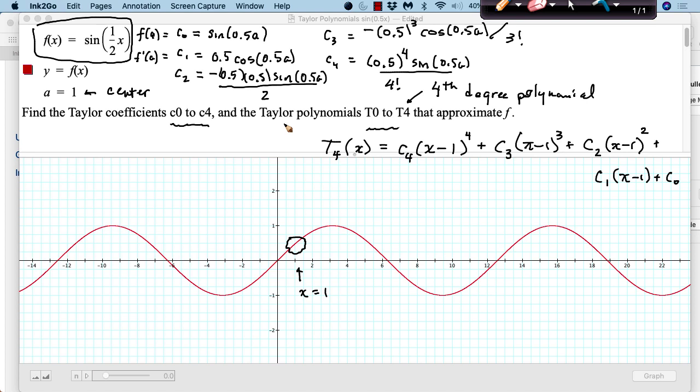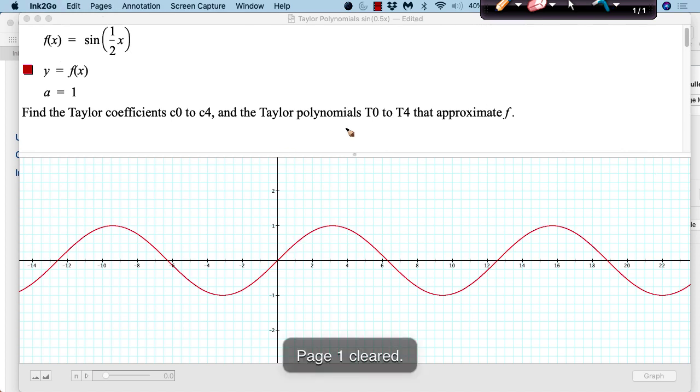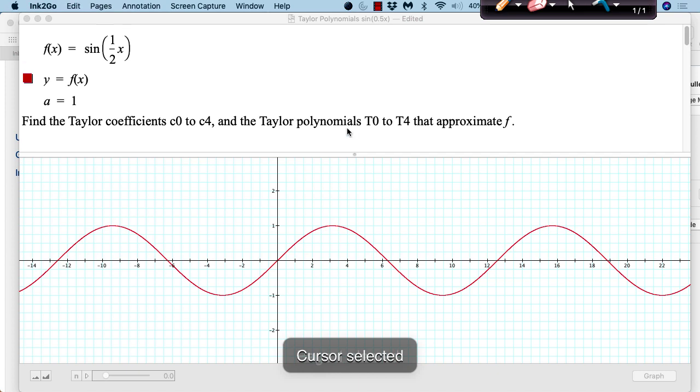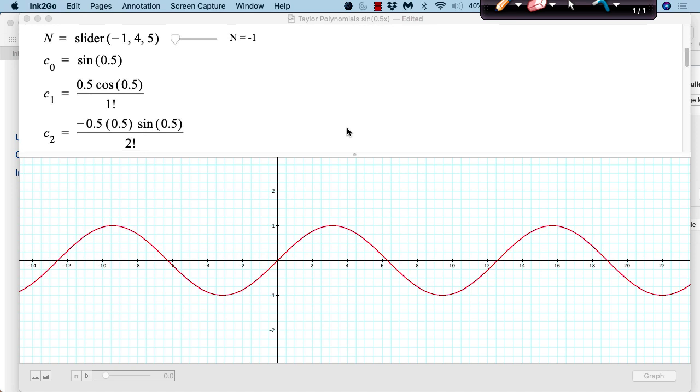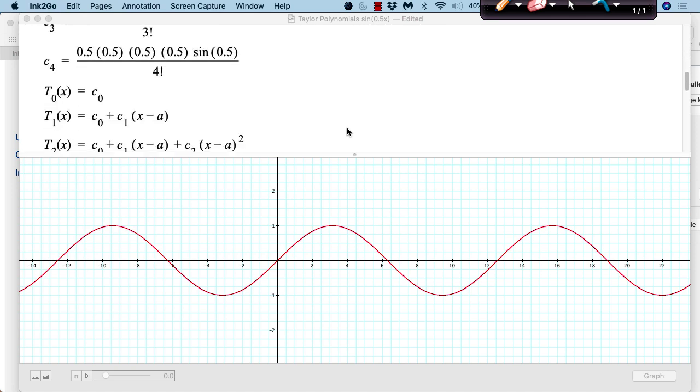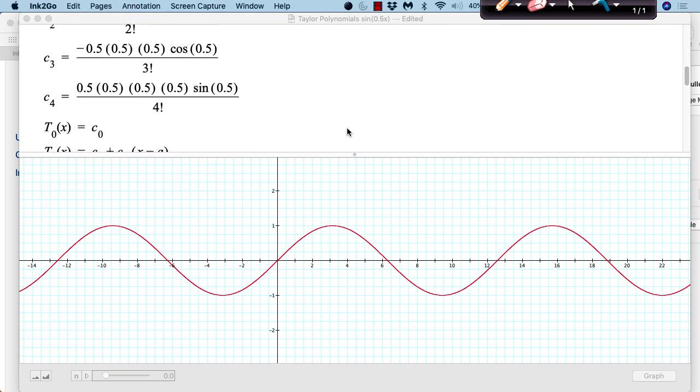Okay, so let's see how this thing plays out. So what did we say? The T0th polynomial would just be C0. What does that get right? So let's take a look here. Here's the coefficients, and here are the polynomials I wrote out.